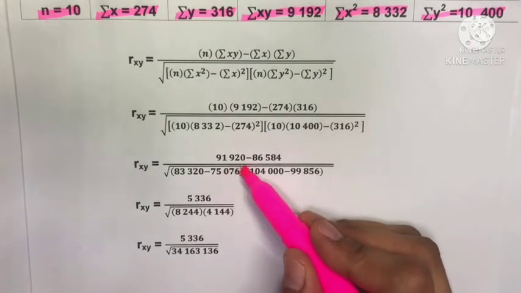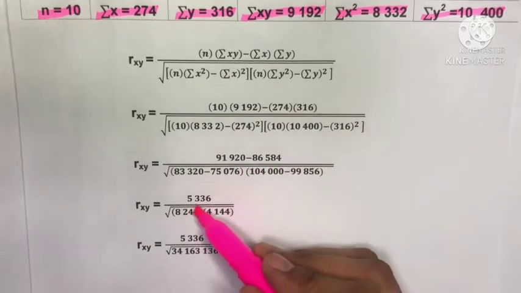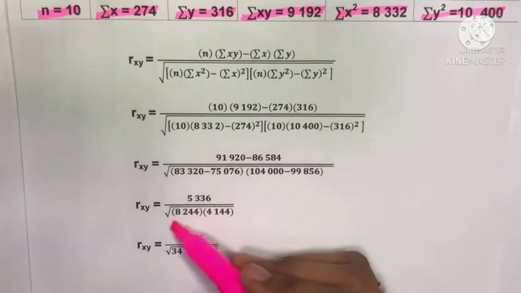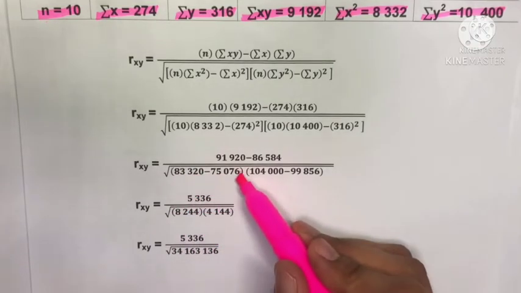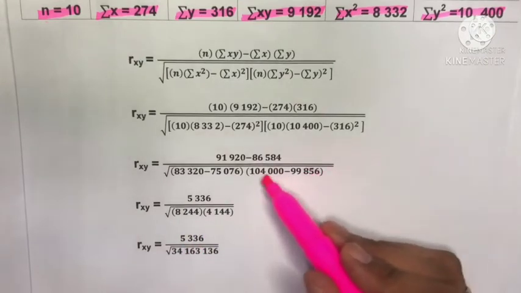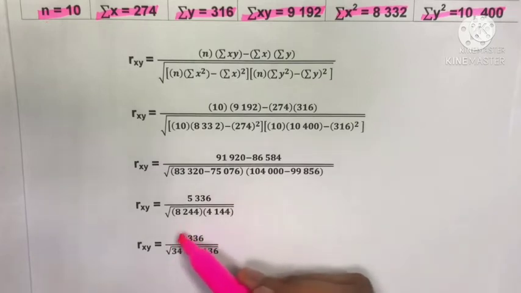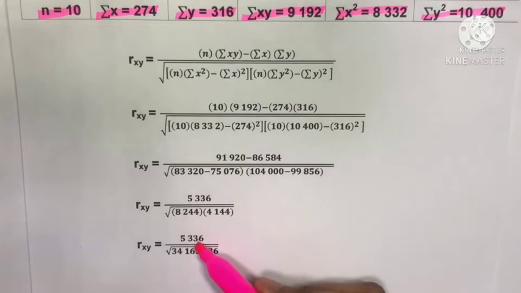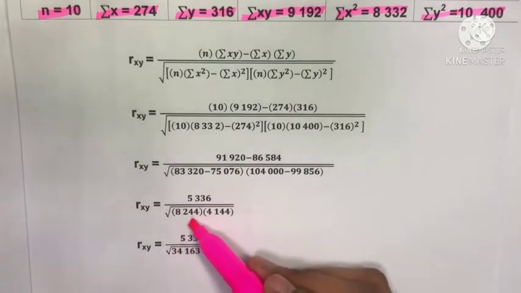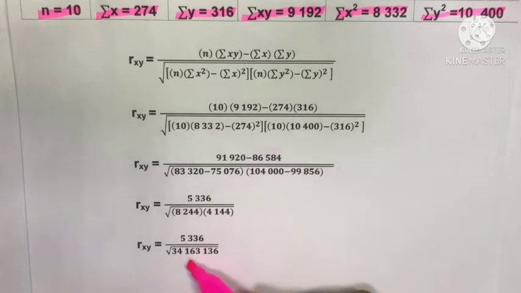So 91,920 minus 86,584 is equal to 5,336 over the square root of, so if we subtract this, it is equal to 8,244. If we subtract also this one, we will have 4,144. So copy 5,336. So 8,244 times 4,144 is 34,163,136.